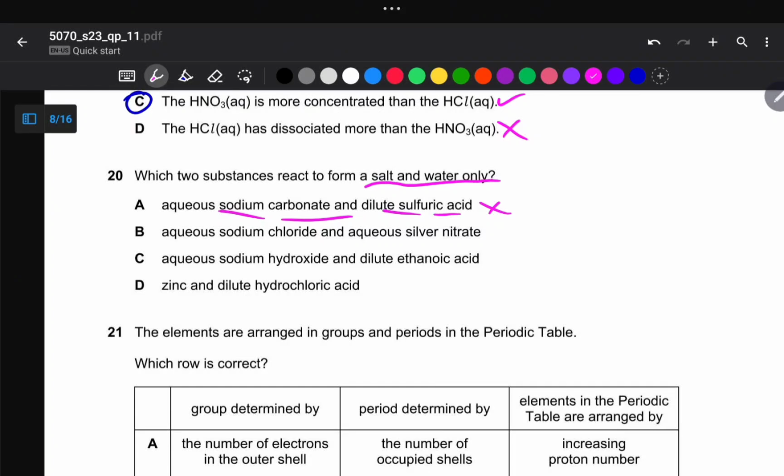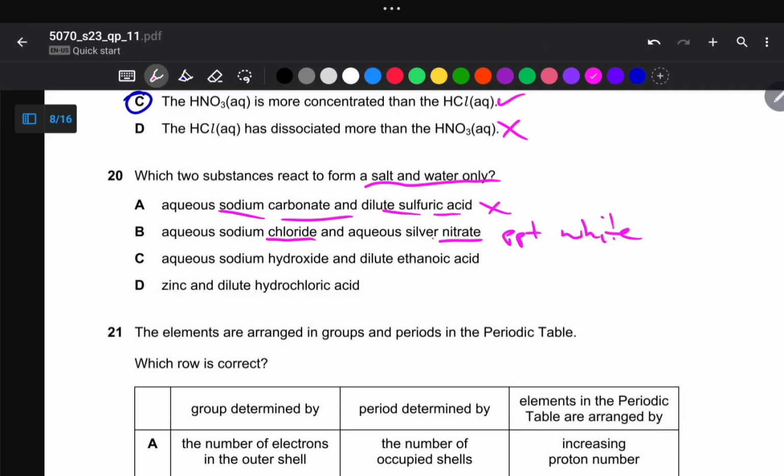And then option B says aqueous sodium chloride and aqueous silver nitrate. This is what we call a precipitation reaction, where there is exchange of the salt anions, right? So you have the nitrate and the chloride. The sodium picks up the nitrate, and the silver picks up the chloride ion. The confirmatory test for this reaction is the formation of the white precipitate of silver chloride.